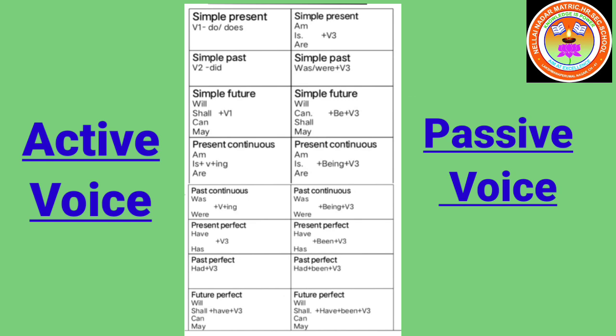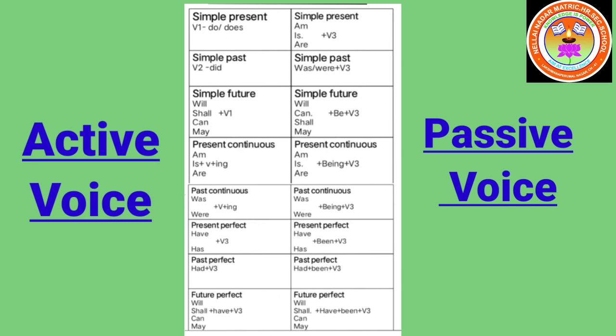Again, I repeat one important thing. When there is no importance in the verb, that is called active voice. The simple present, simple past, present continuous, past continuous, present perfect, past perfect, future perfect: these kinds of verb forms are active voice verb forms.